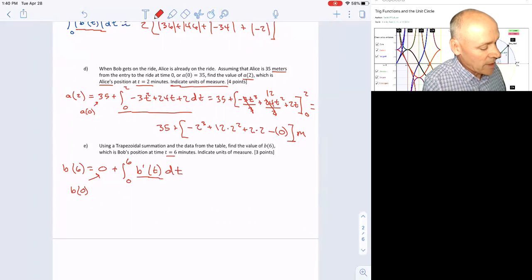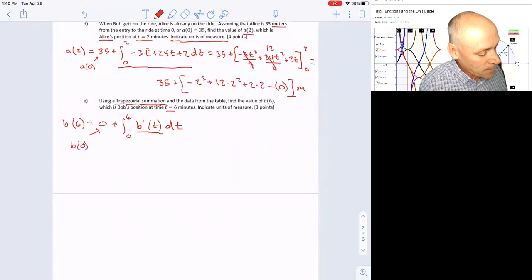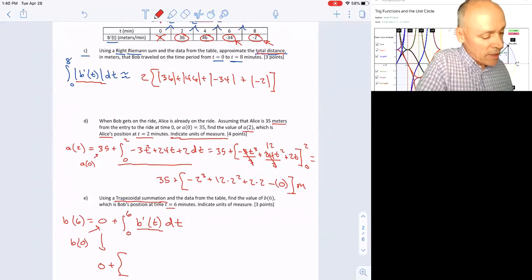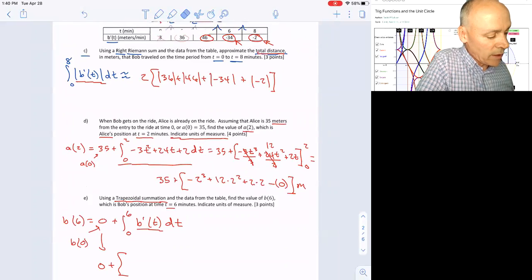Now B prime at t, those values are given in a table, and I want to use a trap sum to come up with that. I'm just going to do this right below my 0, not going to matter. And then my trap sum, now my table, I'm going from 0 to 6. So if I clean this up a little bit, I want to ignore that last one.